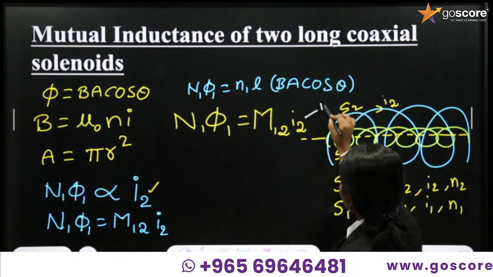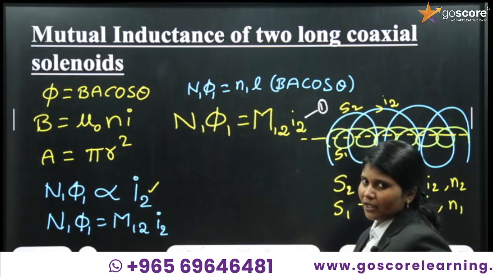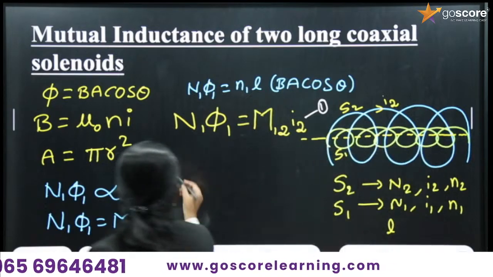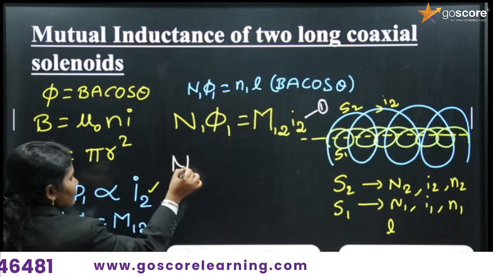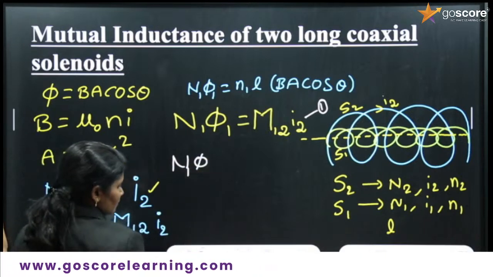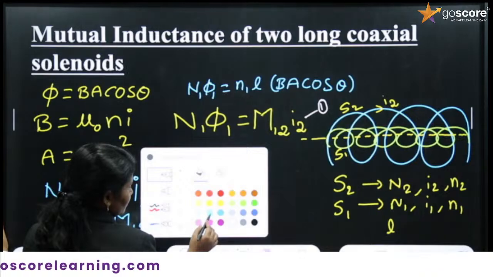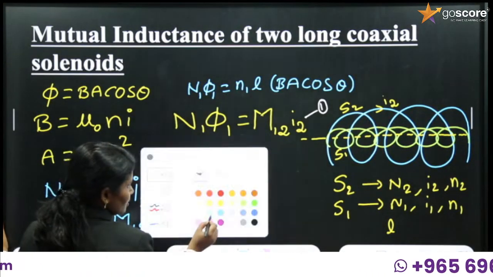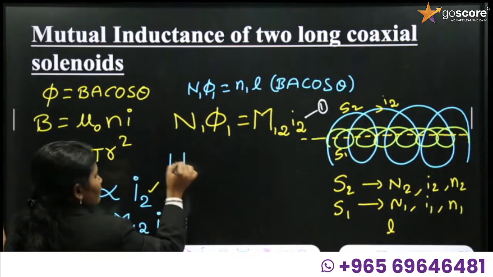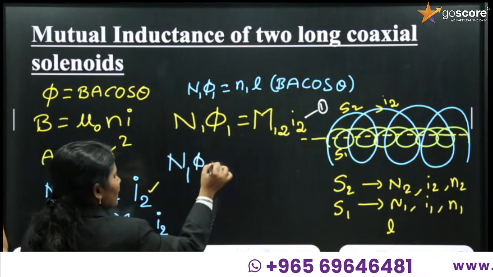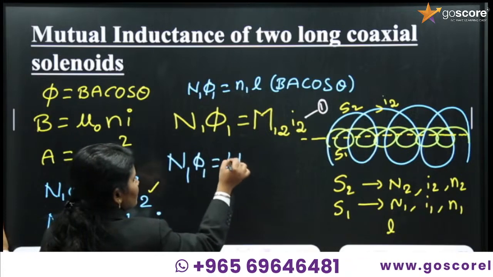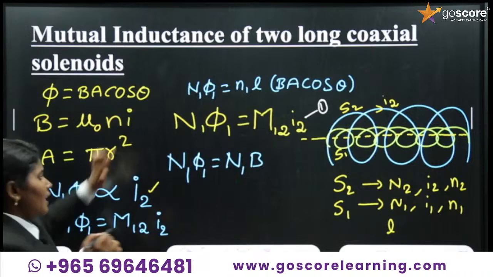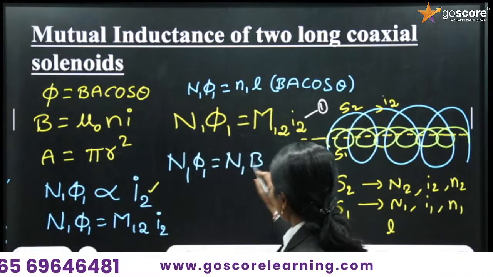I am considering this as the first equation. Then we know that N1 phi 1 is equal to N1 times phi, and what is the phi?